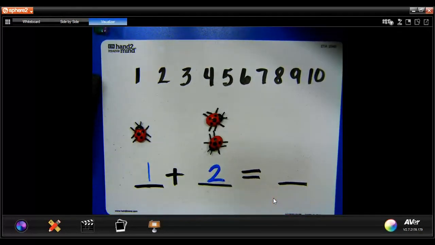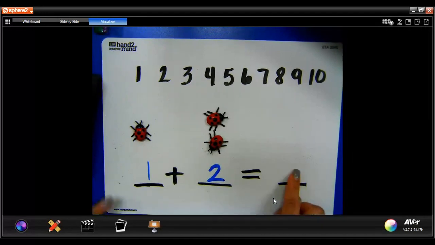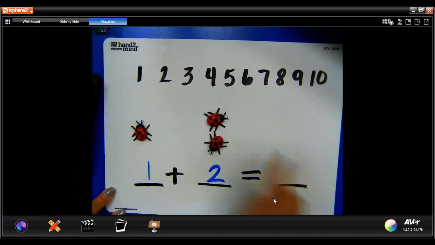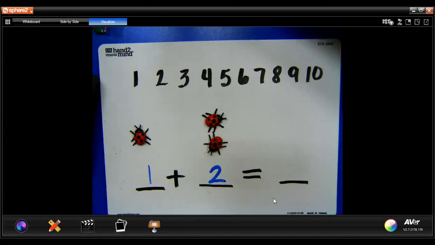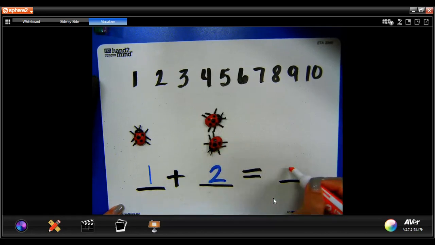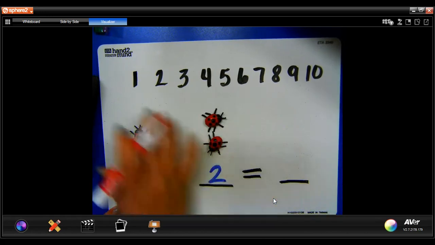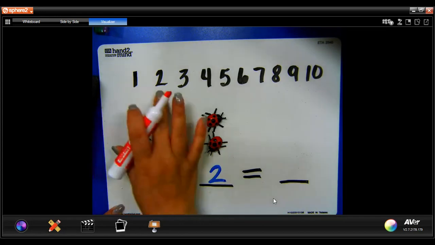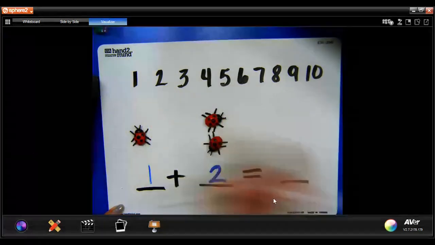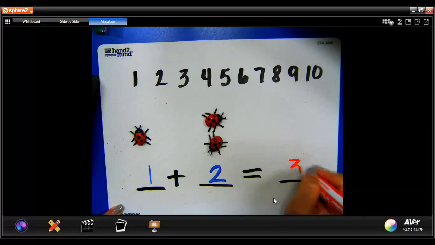Okay. So now we need our answer. And for us to get our answer, we need to count all of the ladybugs. So let's count the ladybugs together. 1, 2, 3. So our answer is going to be 3. Remember, if you're not sure which one's 3, go up here and count 1, 2, 3. That one's number 3. So we have to write it like that. 3.